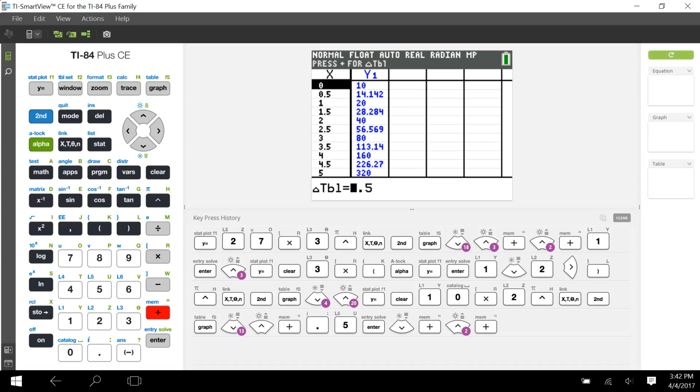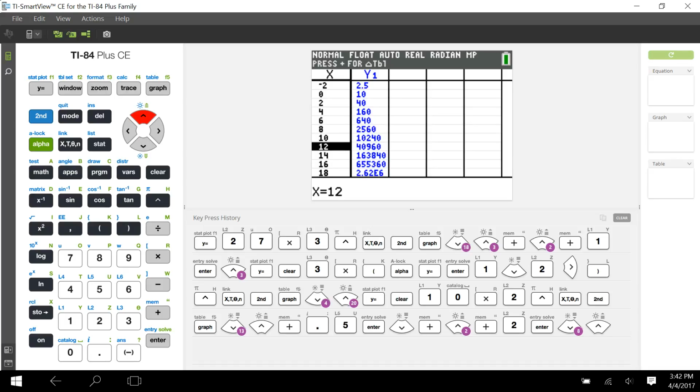Actually, let's change that to 2 and count by 2s. So half a day would be 12 hours. So for 12 hours, it's going to be 163,840 bacteria. And for 10,240 bacteria, that's just right here, that would be 10 hours.